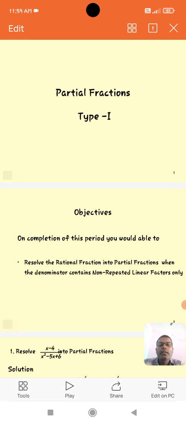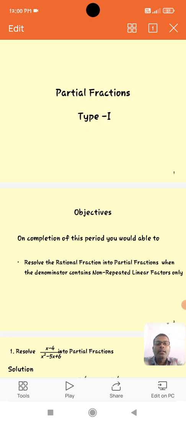How can we define a proper fraction, an improper fraction, a rational fraction, and then what is the actual format for resolving into partial fractions.